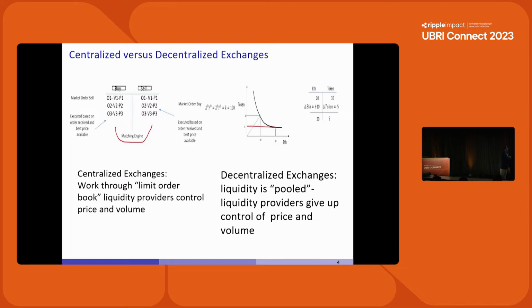On the other hand, we have Uniswap, which goes by a certain formula, a smart contract, which ensures that at every turn the product of the two tokens is a constant number. So here, liquidity providers are pooling their liquidity, and they give up control of the volume and the price at which they want to provide liquidity.